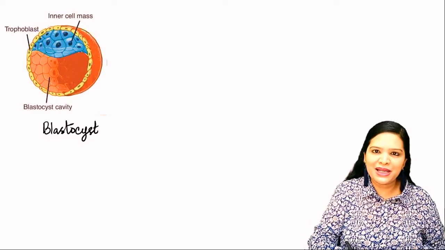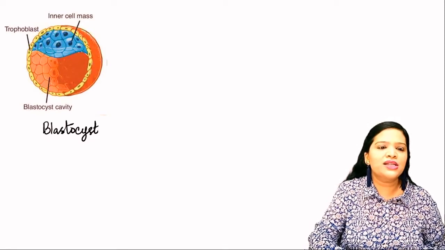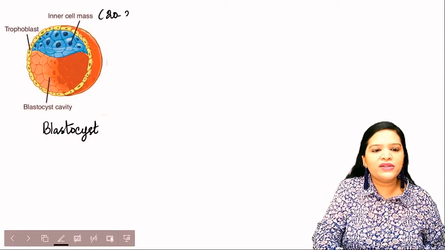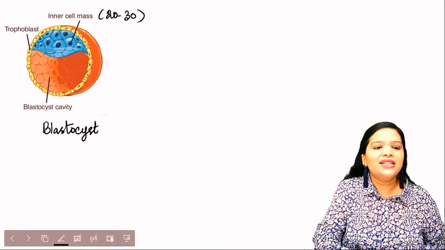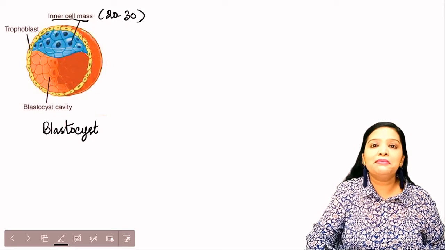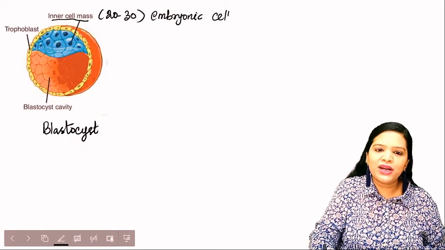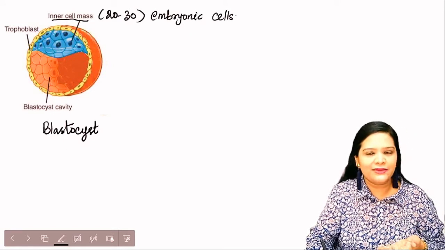Here this blastocyst has two major things. The inner group of around 20 to 30 cells present inside is called the inner cell mass or embryonic cells. From these cells only the embryo is going to be developed.